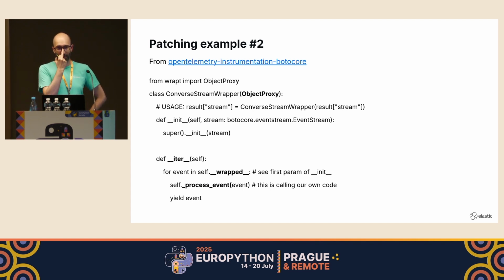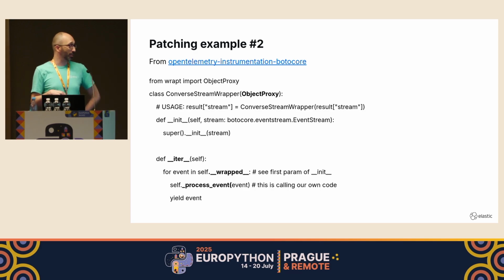Botocore is a wrapper for AWS APIs, the one used by Boto3. So here we are substituting the result stream that is returned by Botocore with our own convert stream wrapper.